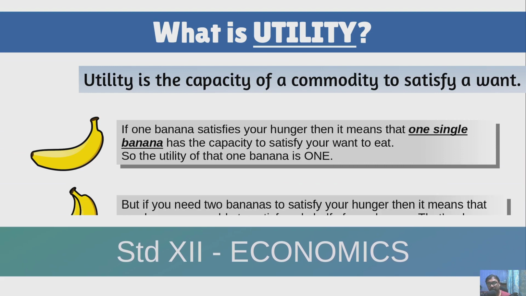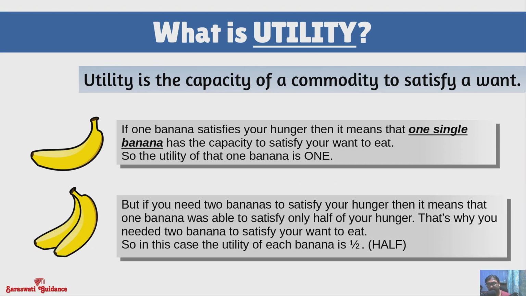The first question that comes to our mind is, what is utility? Utility is the capacity of a commodity to satisfy a want. In other words, the power of a commodity to satisfy a want. Let's take two examples.